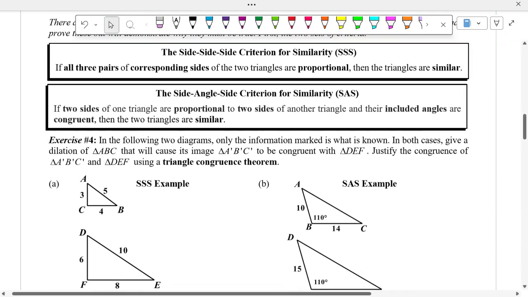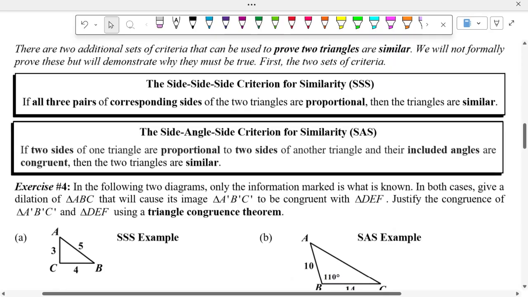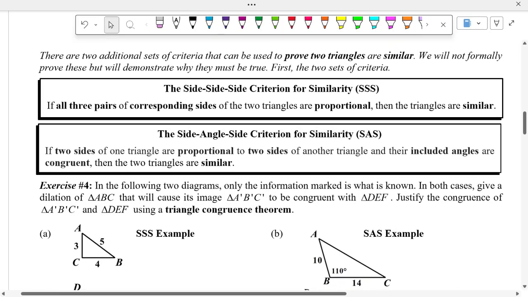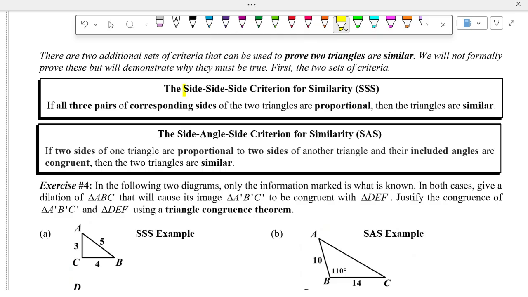Now, the other two ways we can prove similar triangles. The side criterion for similarity. That's SSS. Now, not to be confused with side for congruent triangles. So side for congruent triangles means all three sides are congruent to its corresponding pair.